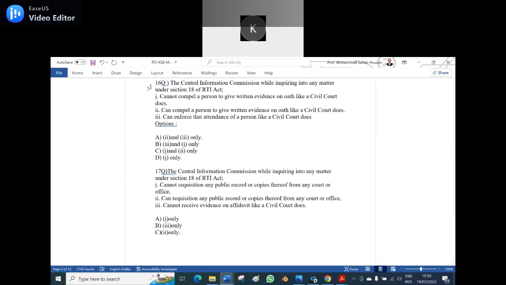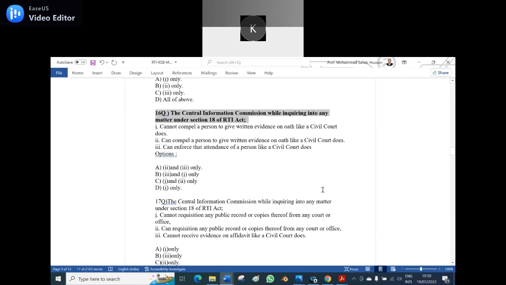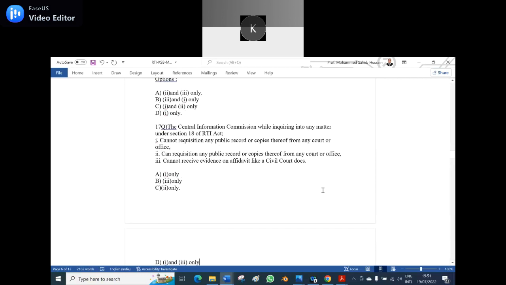This is about the Central Information Commission's power under Section 18 of the RTI Act. Sir, it's option A, 2 and 3 only. Yes, option A is the correct answer. It can compel a person to give written evidence and it can enforce the attendance of a person like a civil court.